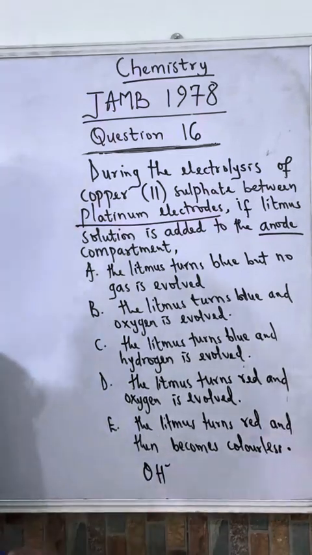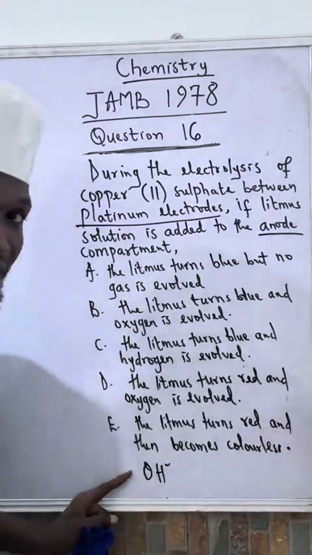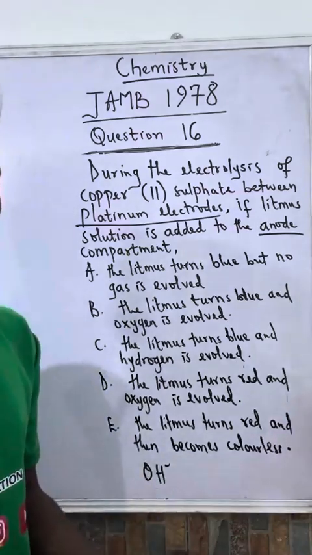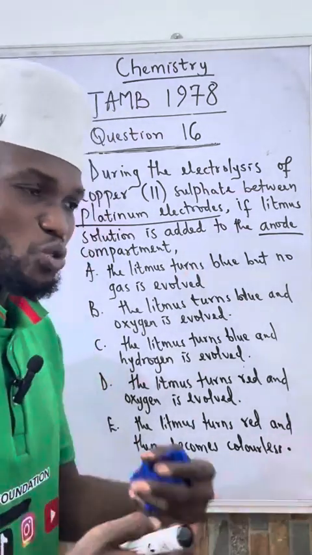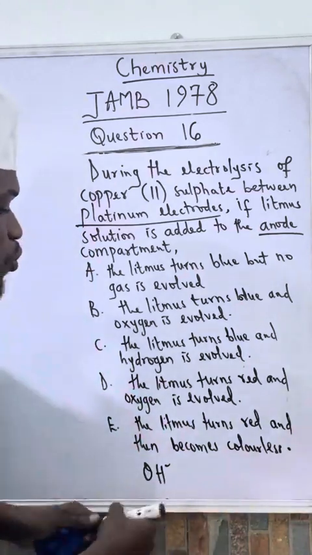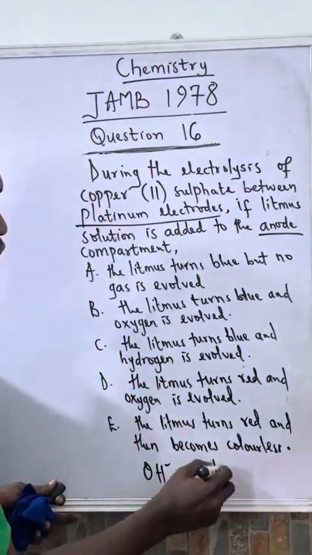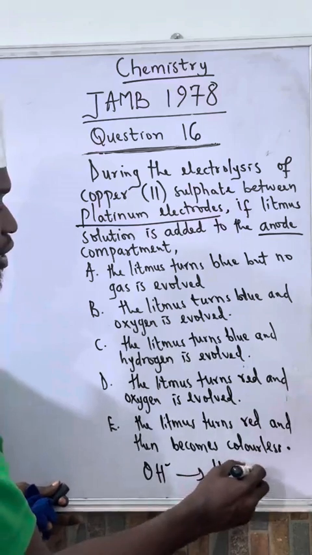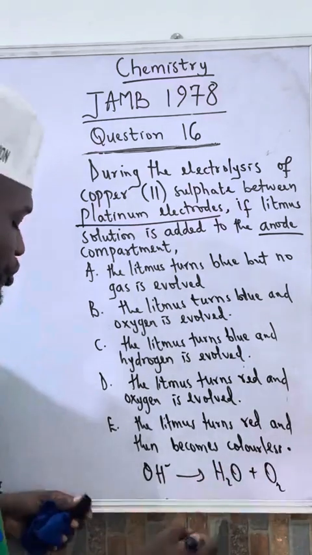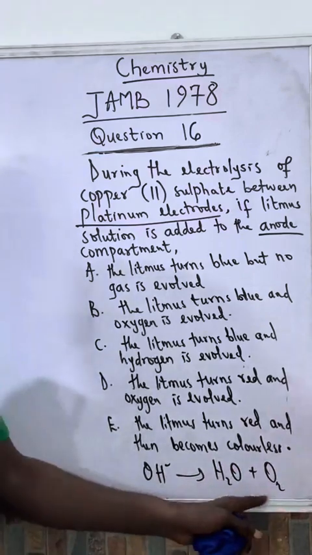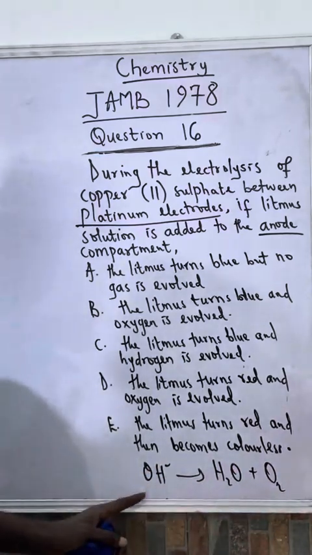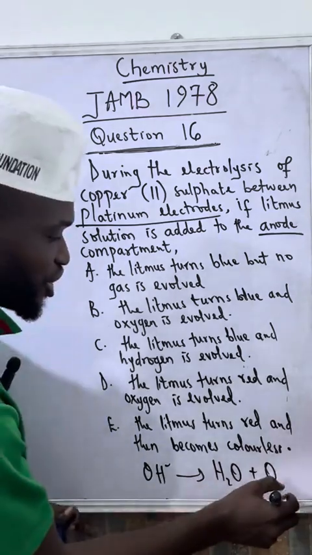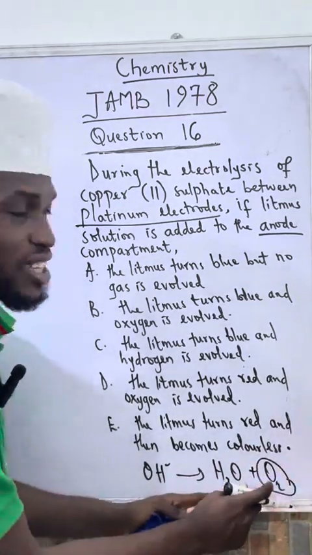OH-, this is a negative ion, so the negative ion needs to lose electron. So it is going to lose electron to become water, and then oxygen will be evolved. So this is what we have as the reaction. That means oxygen will be evolved at the anode.